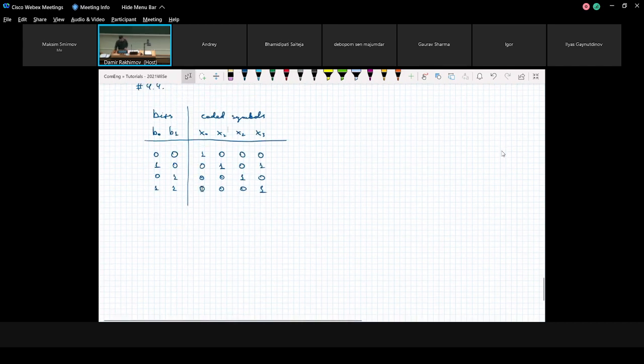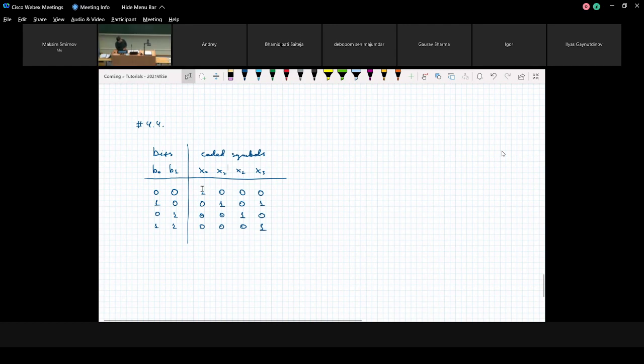So now we need to determine the autocorrelation function. And I have to say that this is not a stationary process, because we look at samples within one coded symbol.